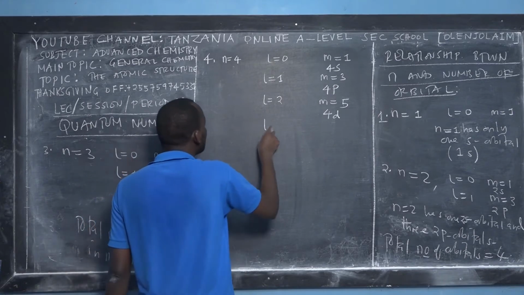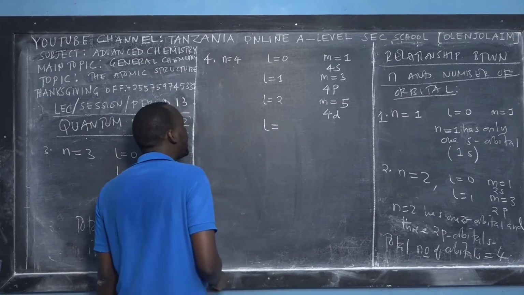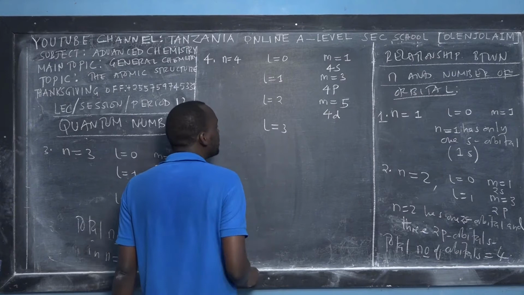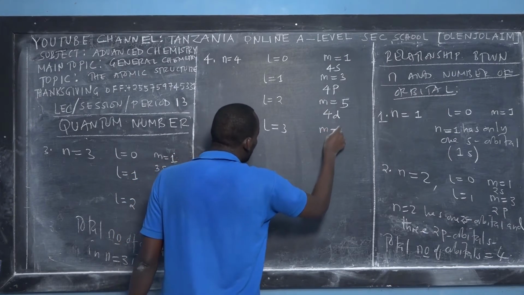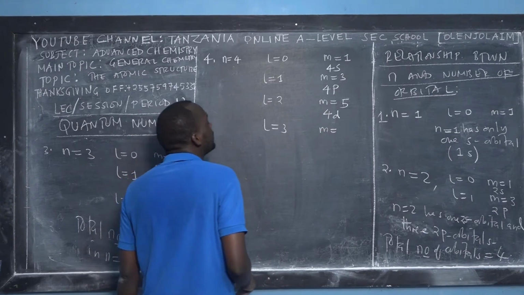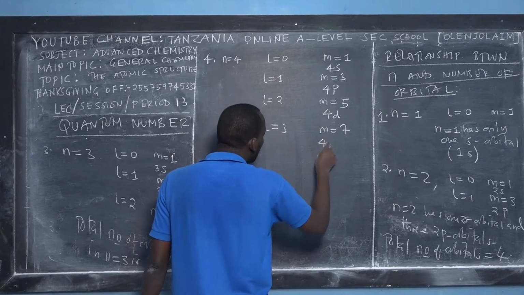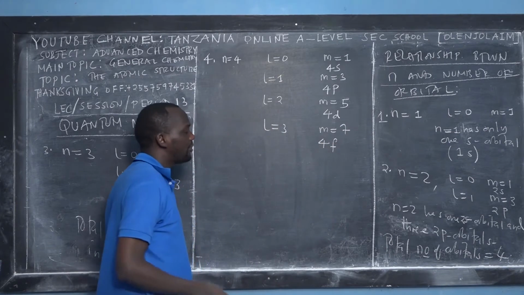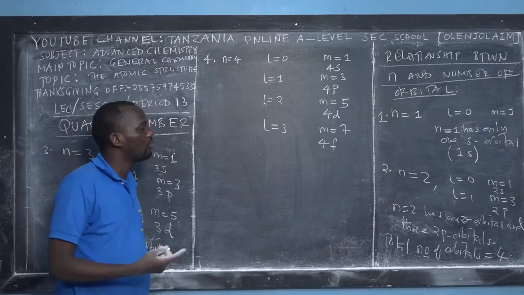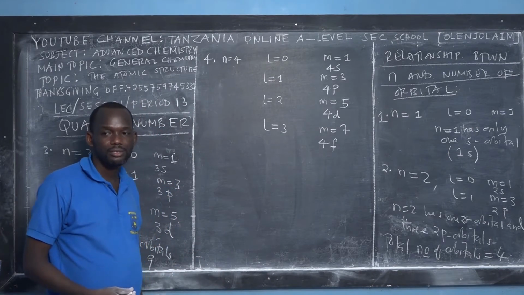The next subsidiary quantum number is L equal to 3. When L is equal to 3, the magnetic quantum number is 7. So this is the 4f orbital, with 7 orbitals of the f subenergy level.